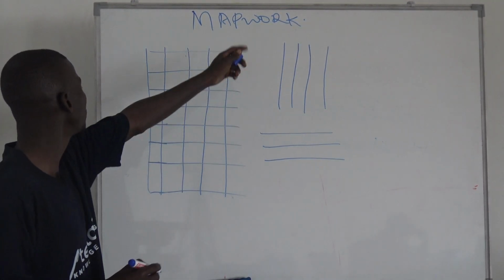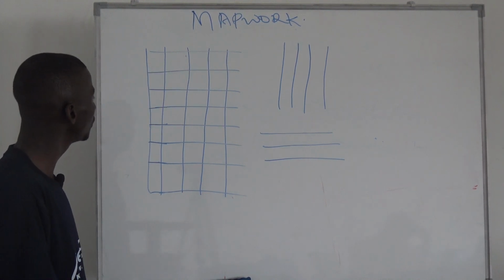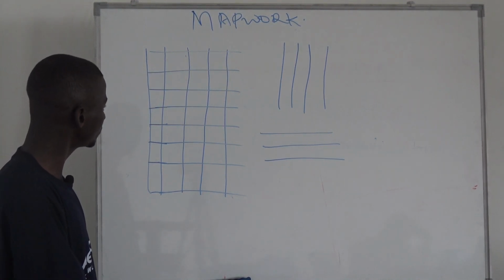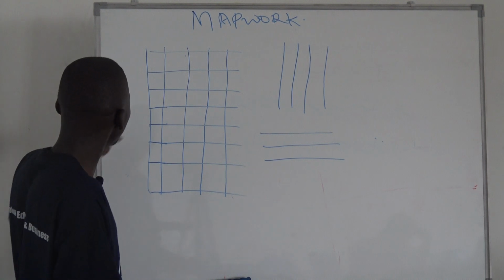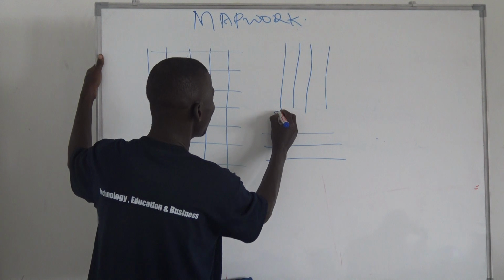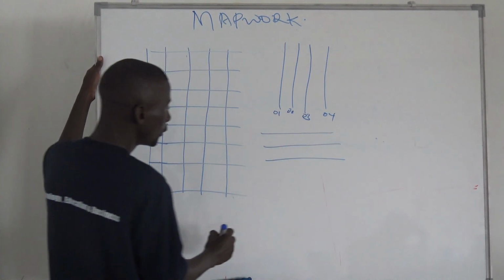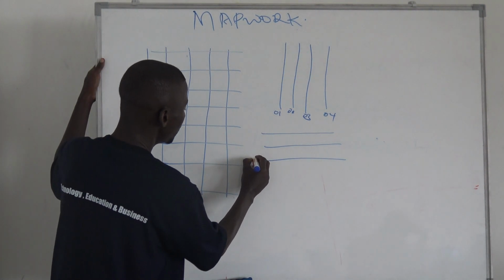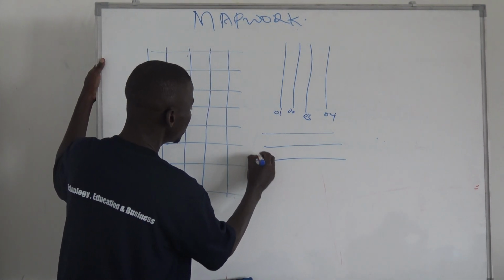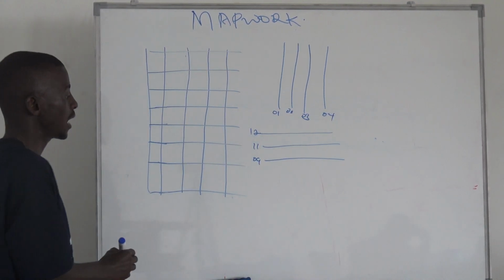So when combined together, they form a square, a small square of around 1 centimeter. So these grid lines are numbered. They have numbers here, maybe 01, 02, 03, 04. Then maybe 09, 11, 12, like that.